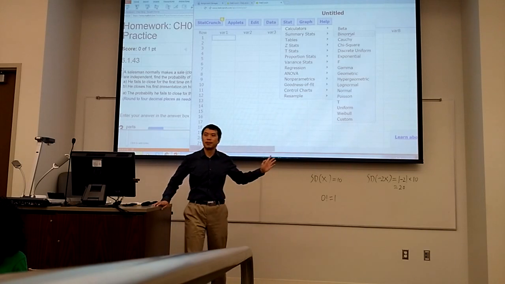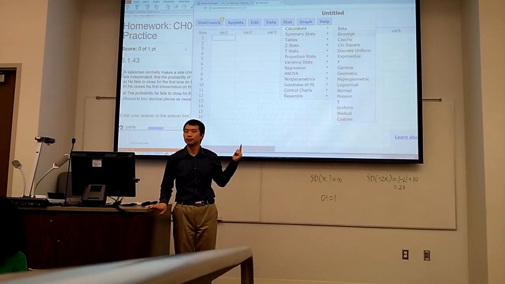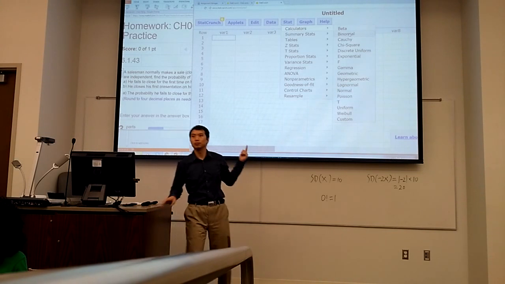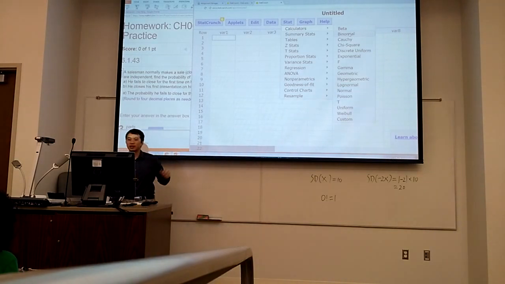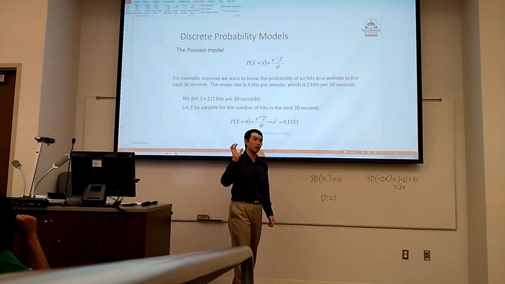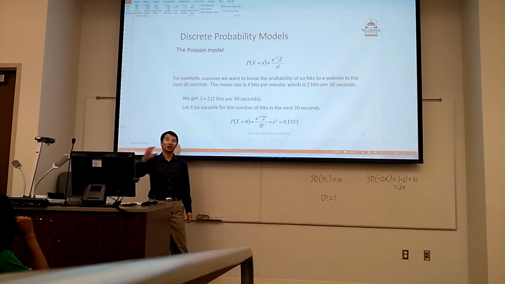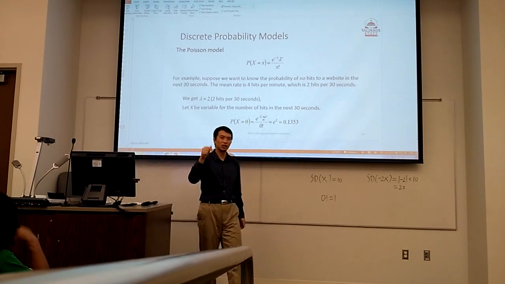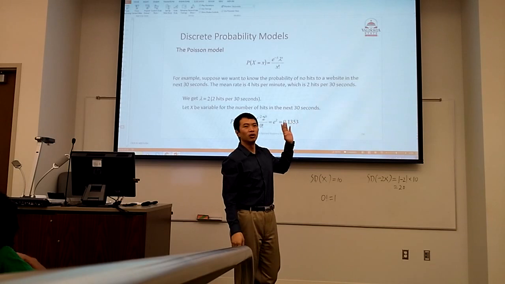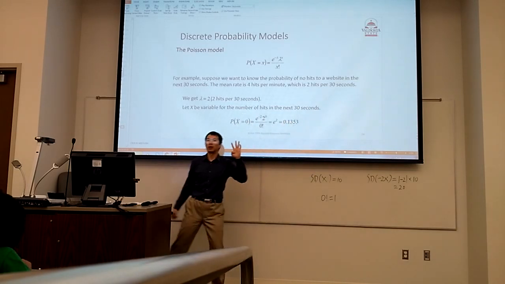Any questions before we go to the next chapter? Okay. So that is all about chapter 6. In chapter 6, we talked about expectations, variance, the properties of expectations and variance, and also four discrete probability models.